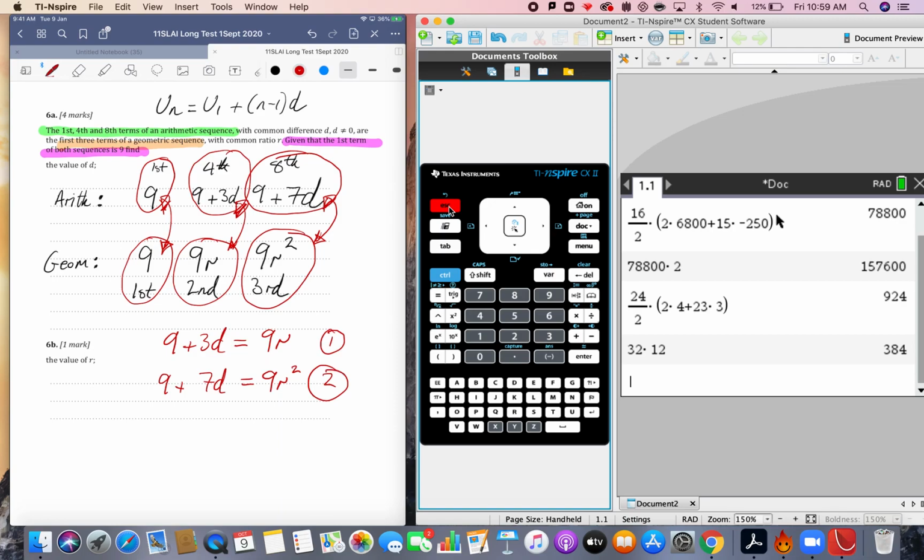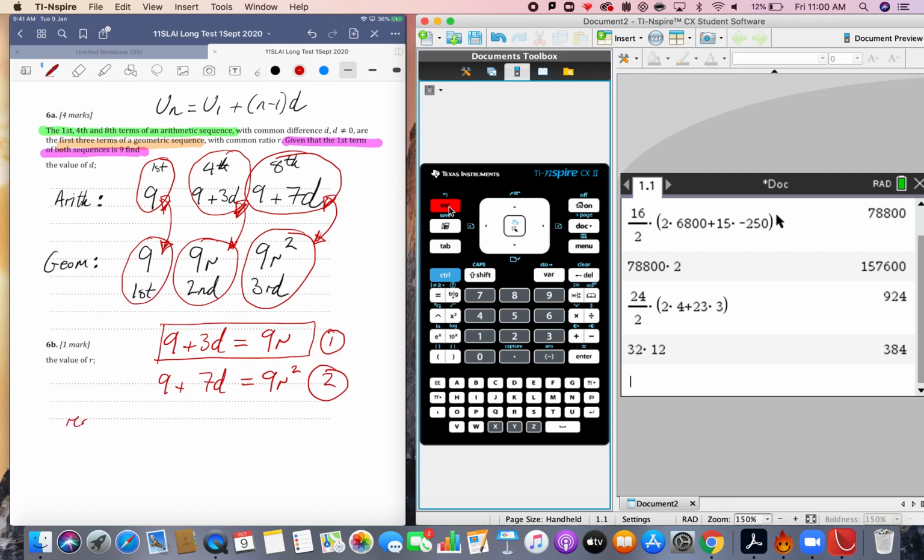I think the way we might like to do this is either substitution or elimination. Substitution might be easier, and where we see an r here, we are going to rearrange. So let's try and rearrange this.